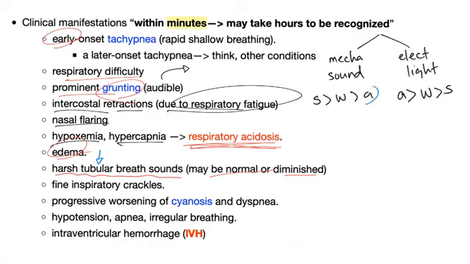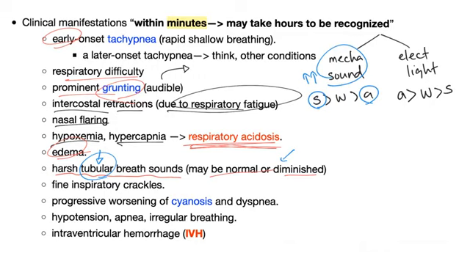If you replace the air in the alveoli with solid membrane called hyaline membrane, you will increase sound conduction. That's why now the sound is not vesicular, it's tubular. And it sounds like this. This is the tubular sound.